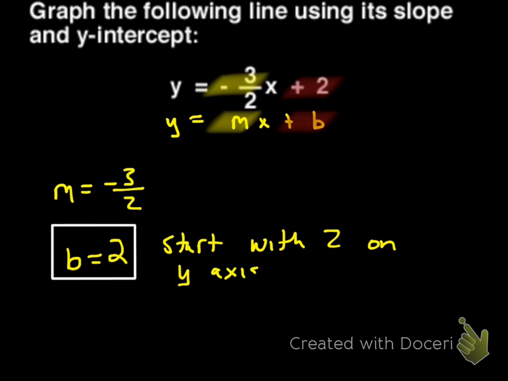Alright, so I'm going to move to the next slide, which has some stuff solved for you. And then you use your slope, and that was given to you. So m, in this problem, equals negative 3 over 2.